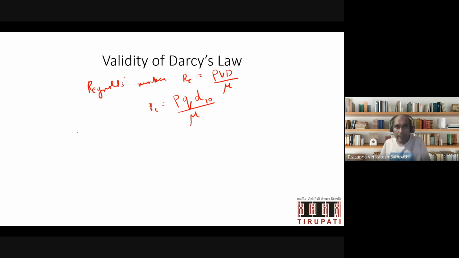Okay, and now about the numbers that I'm going to write, there is some controversy on what exactly the values of Reynolds number are for which Darcy's law is valid, but I tend to agree with this.